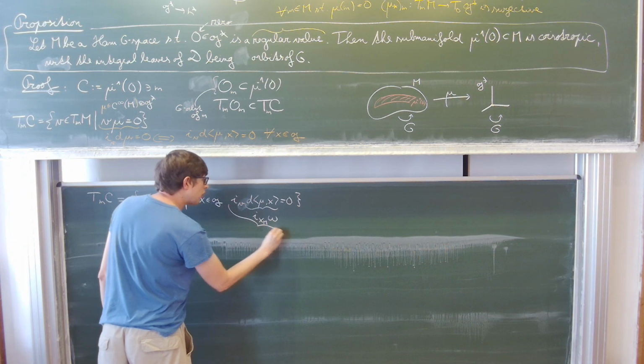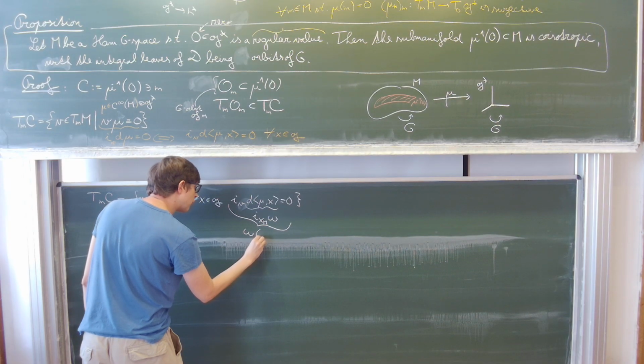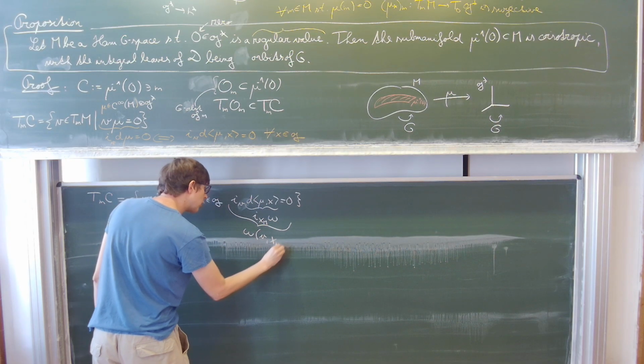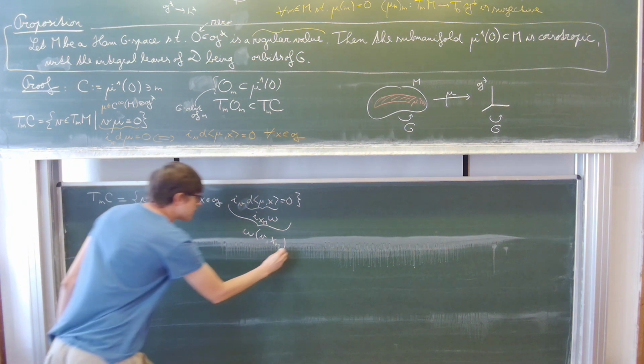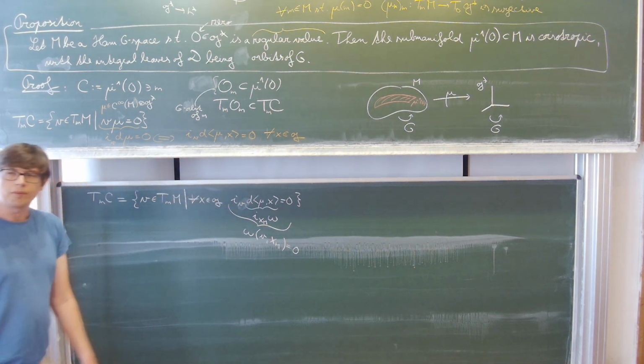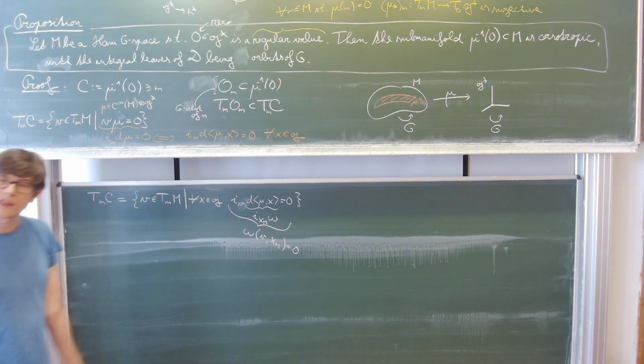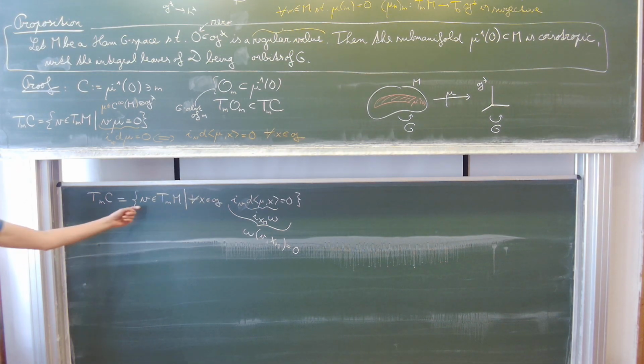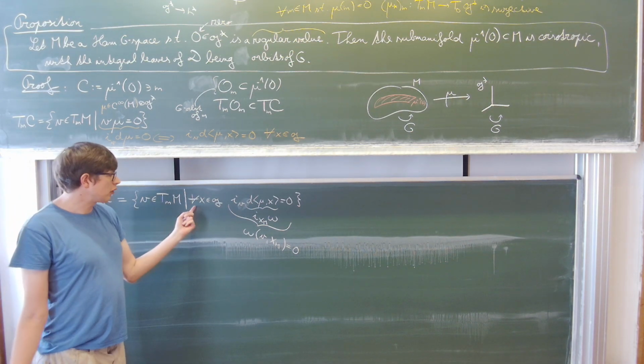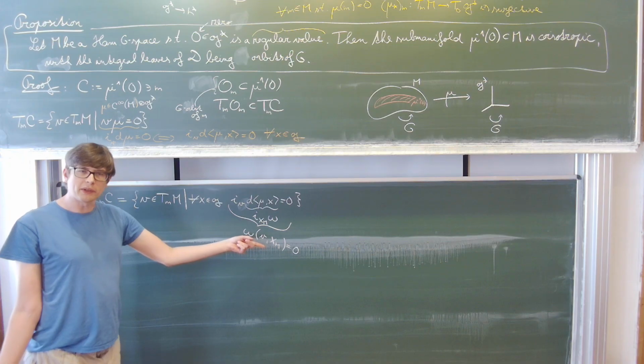Okay, so overall, what this thing says is that omega of v and xm is supposed to be 0. But what is xm? Xm is the fundamental vector field generating my g action. So if I say that I have a vector that is orthogonal to all the fundamental vector fields, it means that I have something that's orthogonal to the orbit.